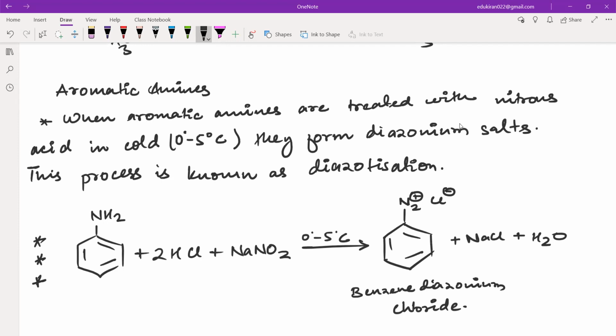That is one of the preparations of benzene diazonium salts. Okay. So please write this down. Let me know if you're done. Yes, sir.